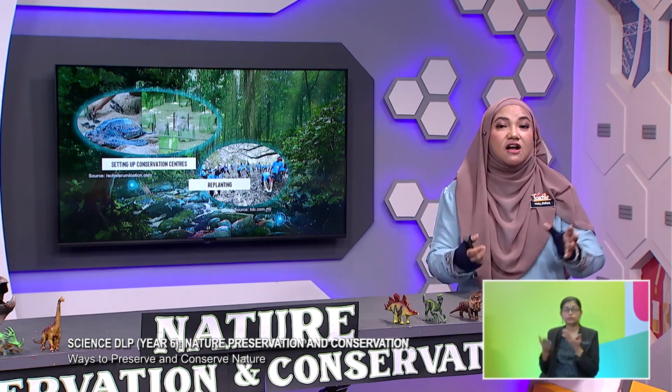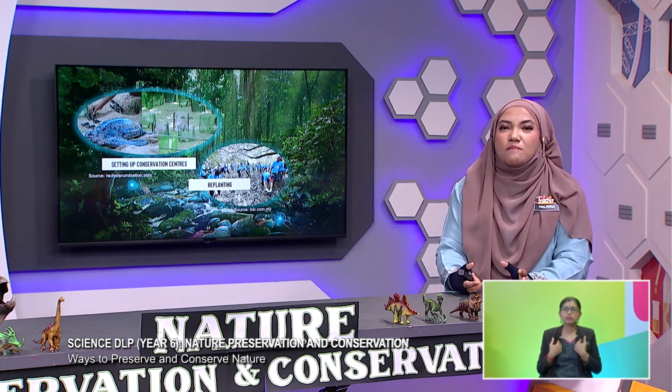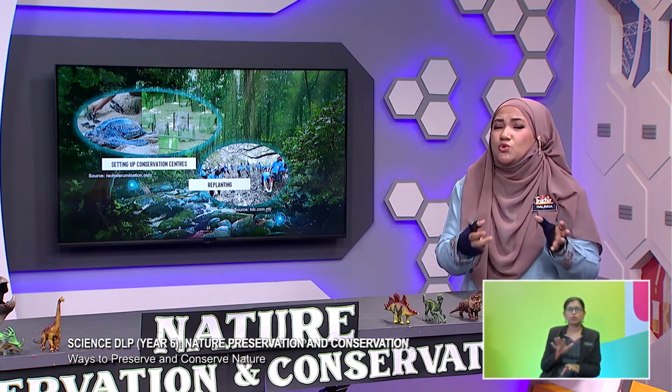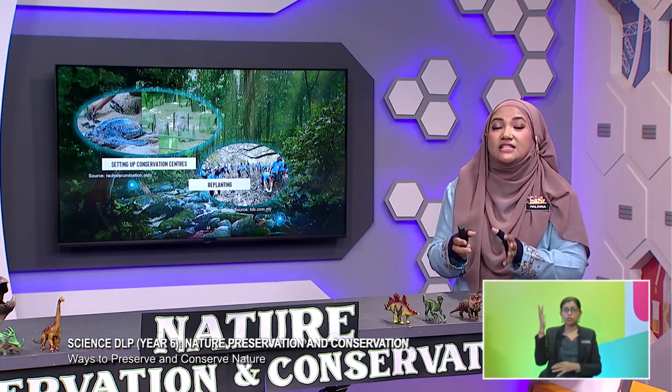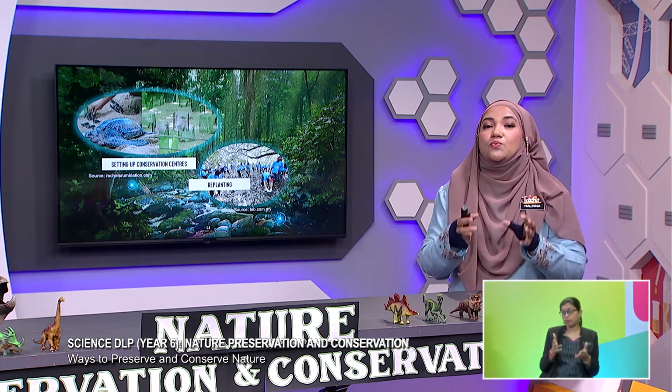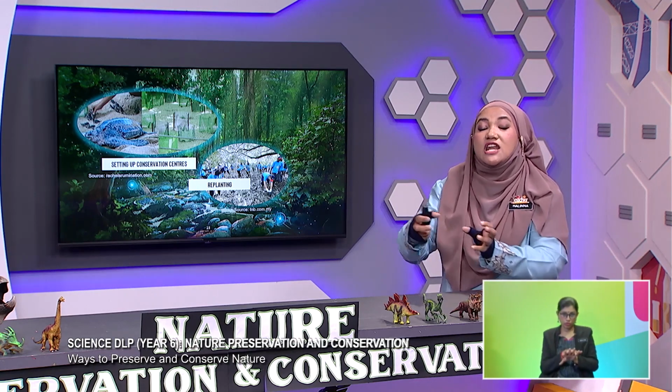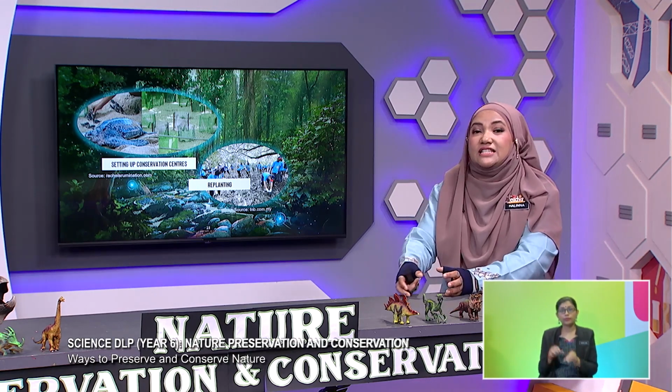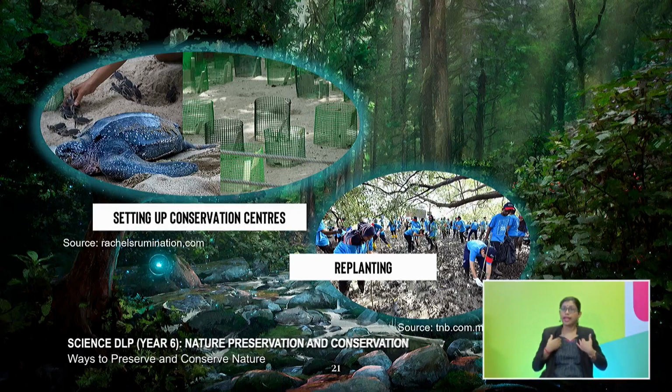Maybe there is excessive logging, or maybe poachers or hunters like to go there and hunt for these animals. So we need to bring these animals to another place that is safer, and we must make sure that this new place has conditions that are very conducive for these animals.